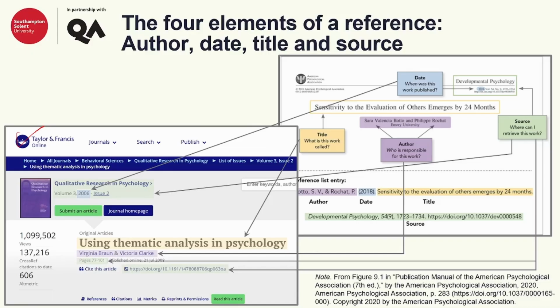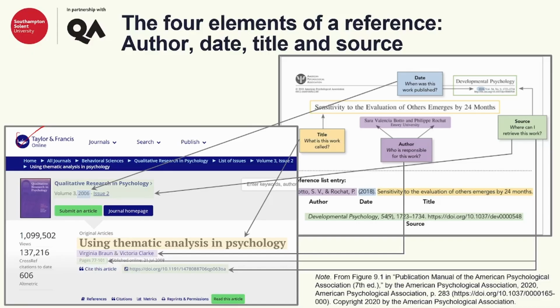Similarly, the American Psychological Association is both a professional organization and an academic publisher. It publishes several journals, including Developmental Psychology, which appears in the example on the right. When you reference a journal article, you do not normally include the name of the publisher.